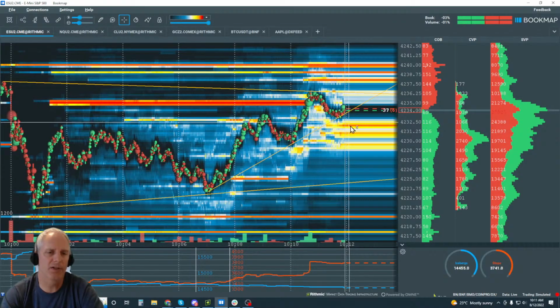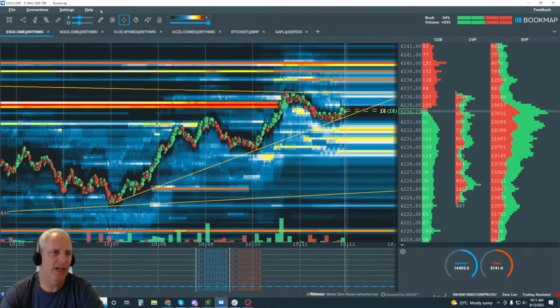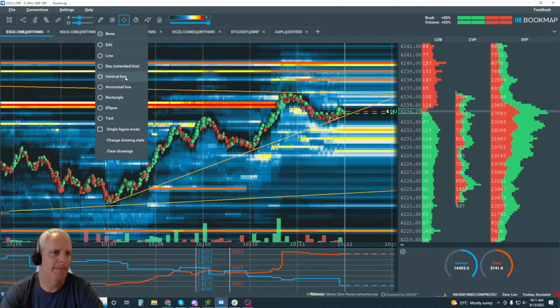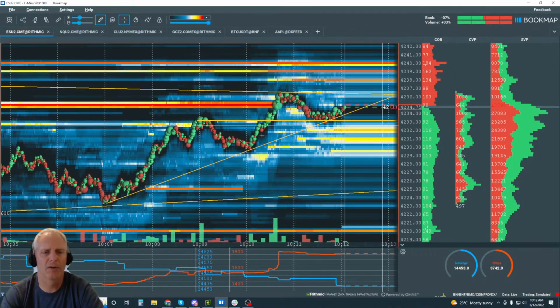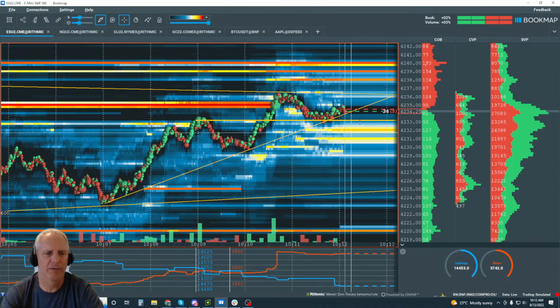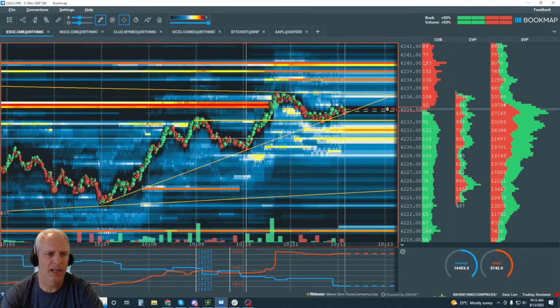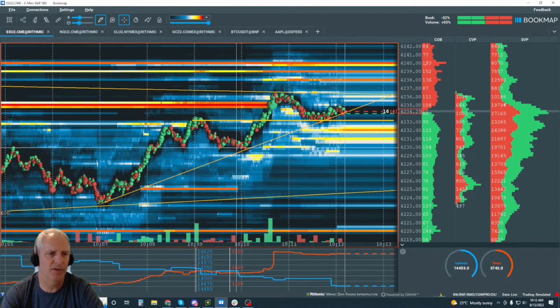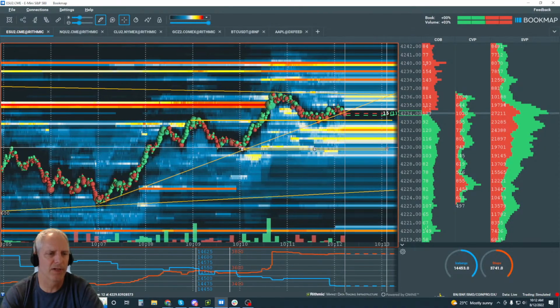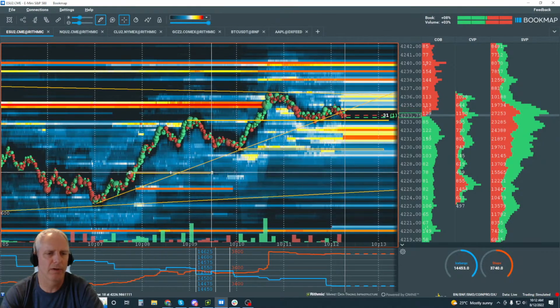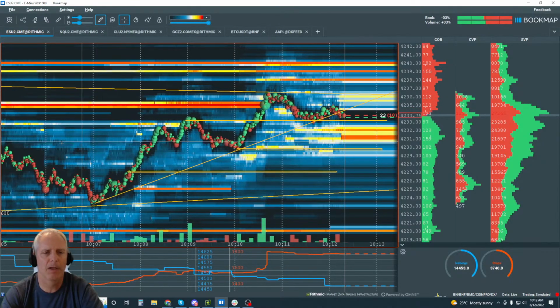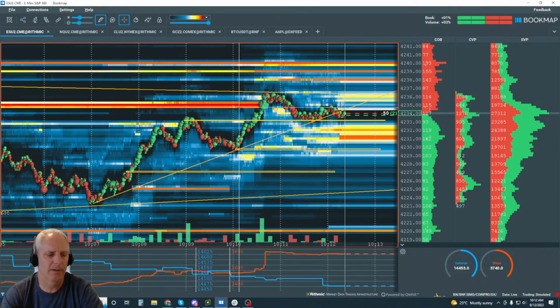So if we see this trend line break, or let's just say this level break, also this level here around 33, if we see sellers below that, likely they're going to test back down to this swing or these areas down here, and then maybe where they initiated the move here as well. So we have some levels to look at here.